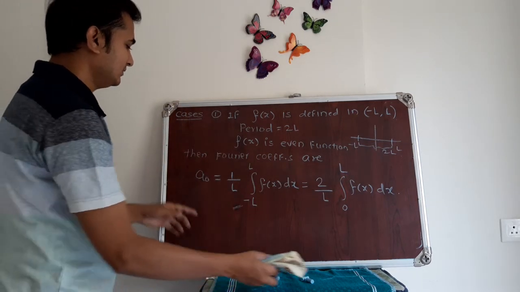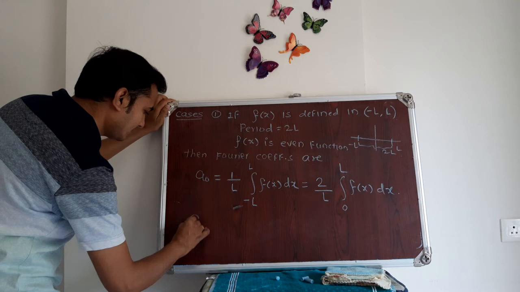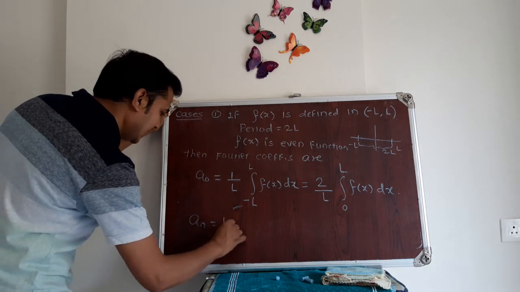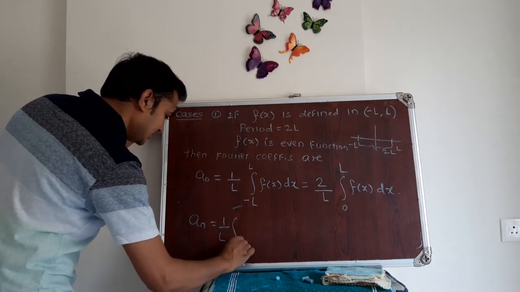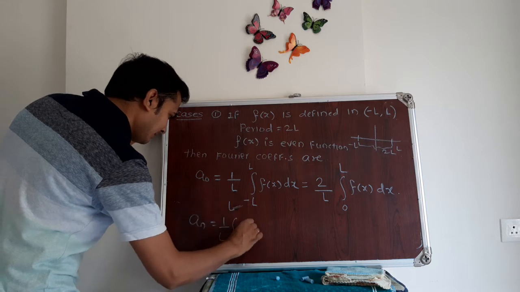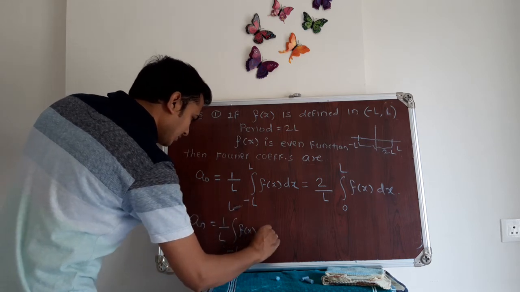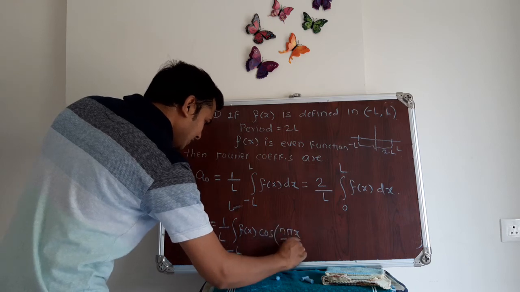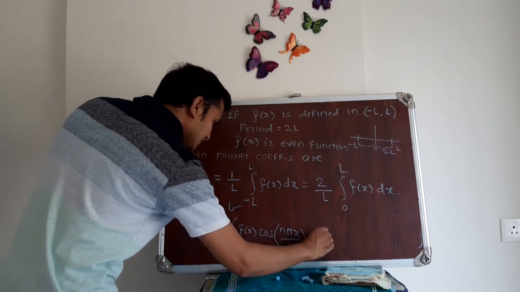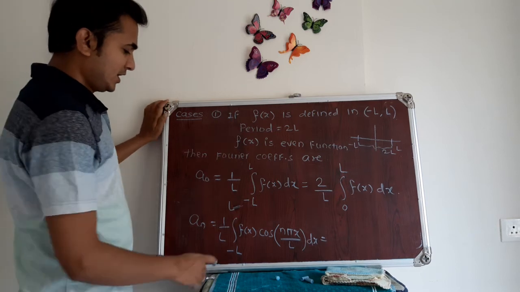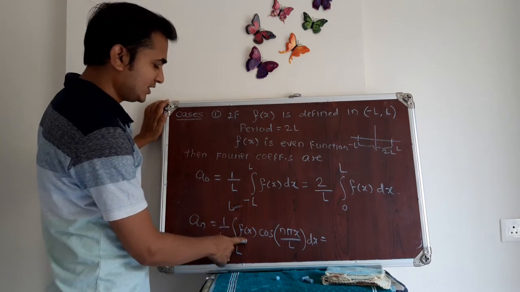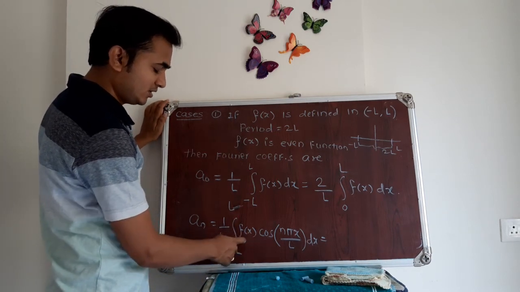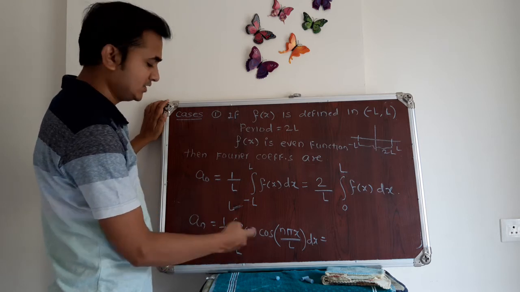What about an? An is 1 by L integral minus L to L f of x cos n pi x upon L dx. Now here f of x is an even function, cos is even, and the product of two even functions is even.